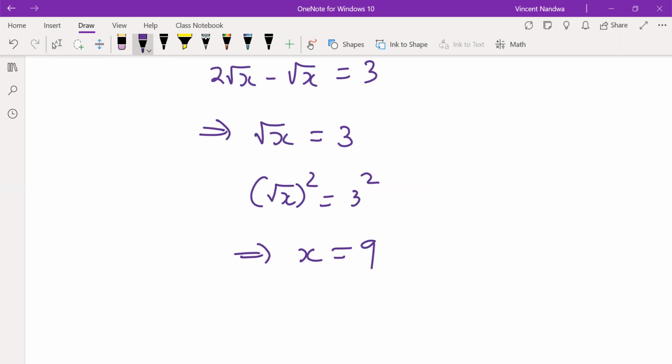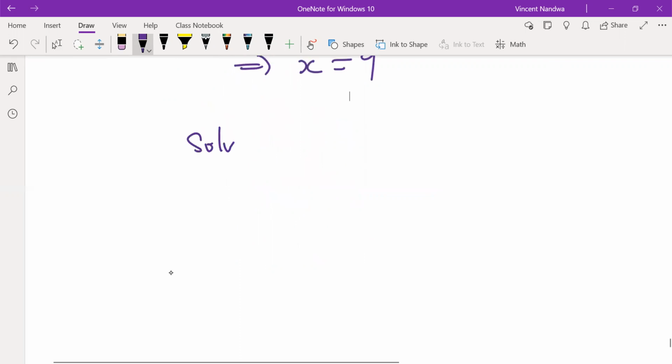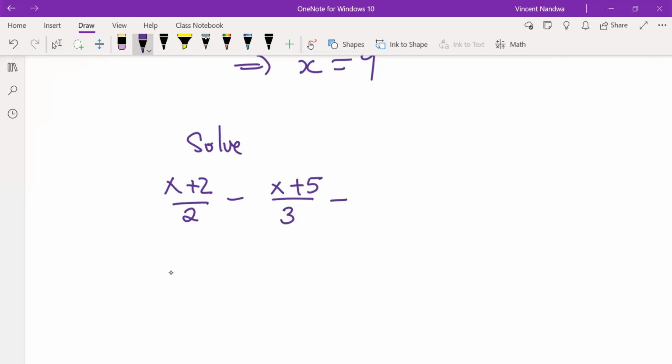And then another equation is to solve the equation (x plus 2) over 2 minus (x plus 5) divided by 3 equals (2x minus 5) divided by 4 plus (x plus 3) over 6.